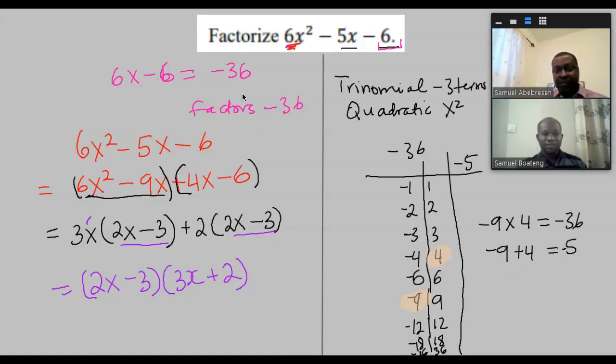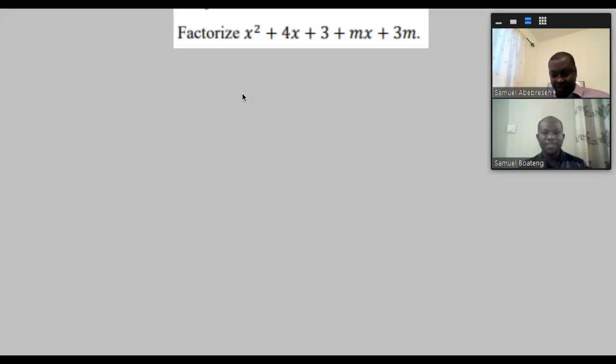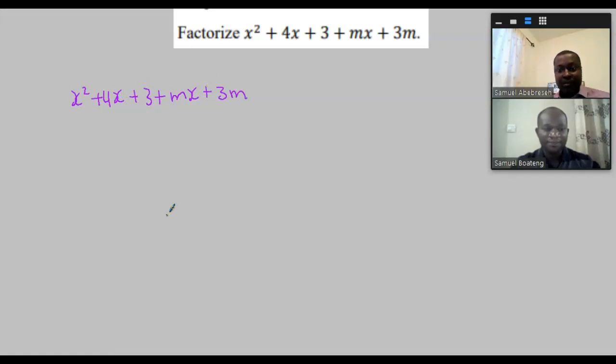So let's go to the next question. We have another question on the screen. Factorize x squared plus 4x plus 3 plus mx plus 3m. Because this is an applied question, here we have about 5 terms.